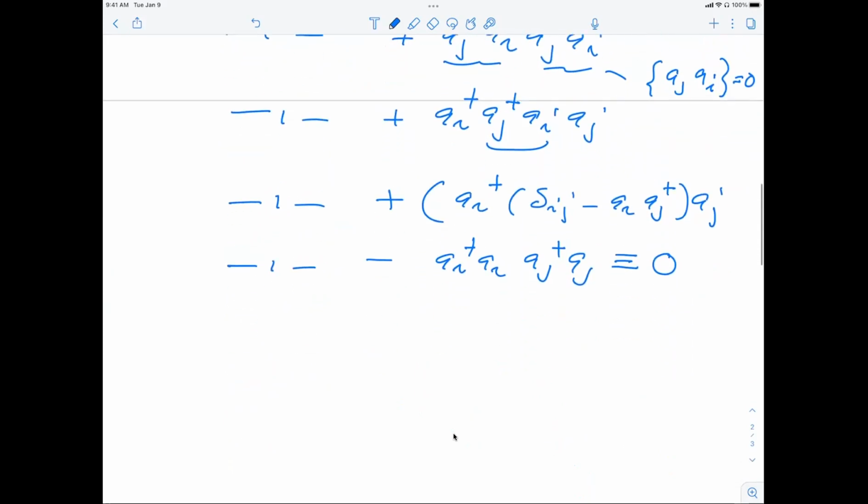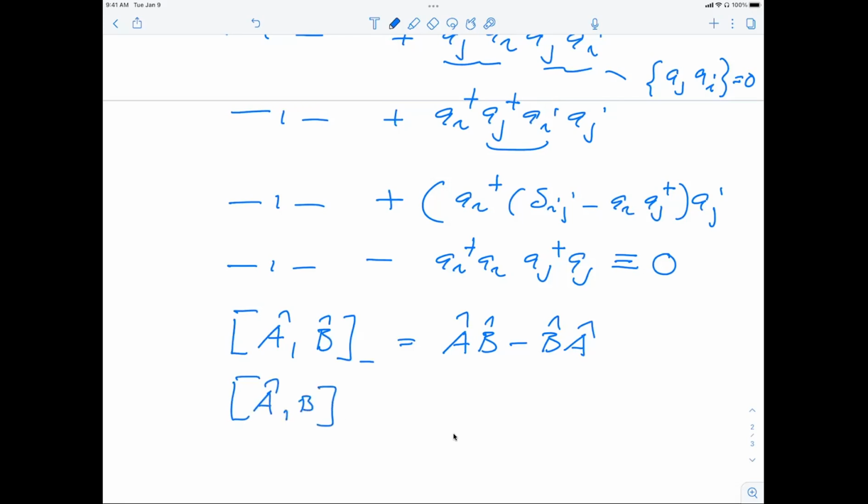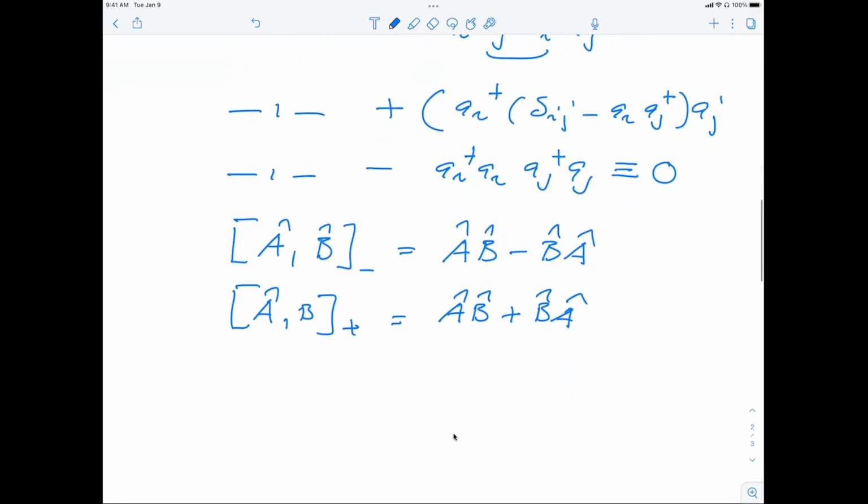So in some textbooks, you will see notations like this. If you take two operators, A and B, you will see a minus sign here, and then people indicate this operation, minus B times A. Or you will see a notation here, we have a plus sign, and then the definition of that one is equal to B times A here. We are going to use this standard notation.